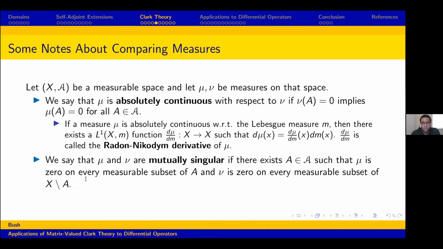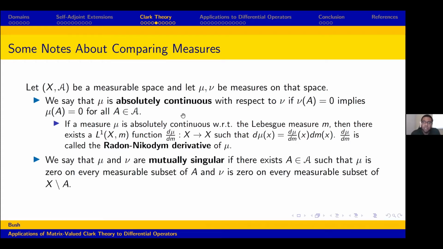Now, because for me it's always been a while since I've thought about measure theory in great detail, I figure it's good to refresh ourselves about some of the basics of the ways you can compare two measures. So let (X, A) be a measurable space where X is the underlying set, script A is the sigma algebra on X, and mu and nu are measures on that space.